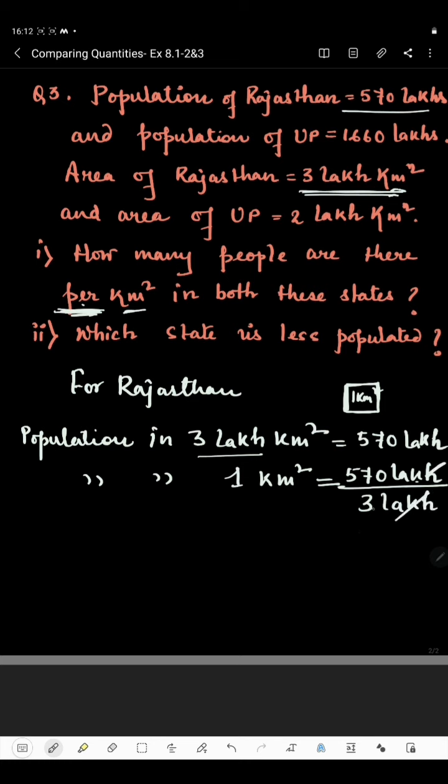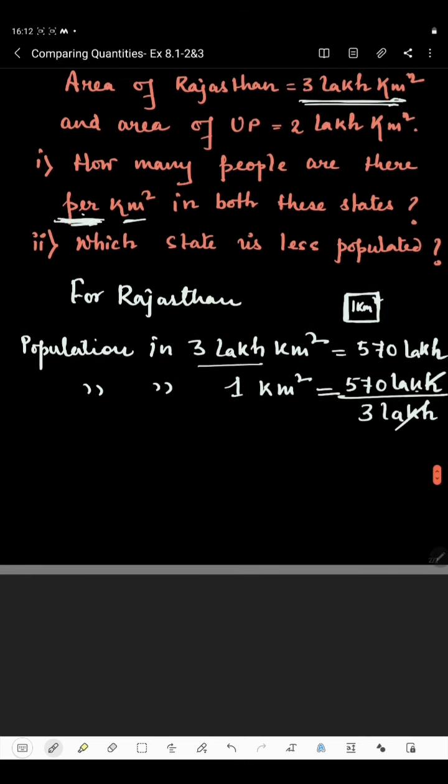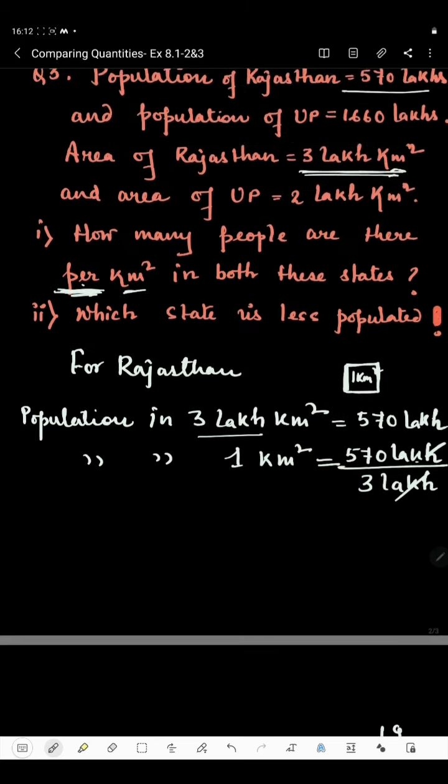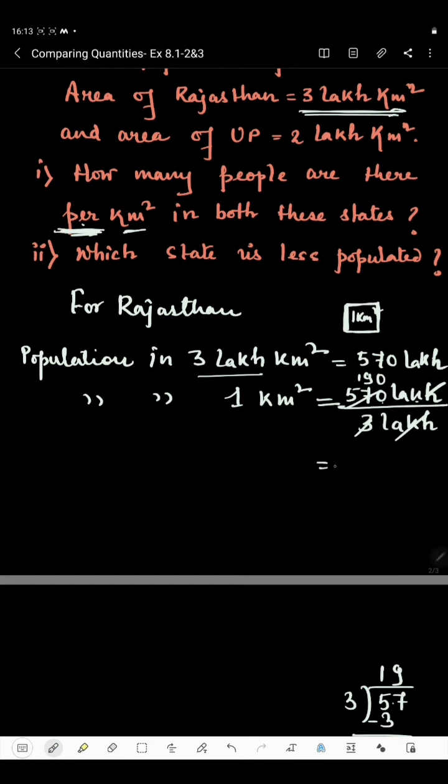If you divide 57 by 3, then you get 3 ones are 3, 5 minus 3 is 2, 7 comes down, so 3 nines are 27. So 3 19s are 57 and there is 1 zero, so it is 190 people. So 190 people are there in 1 kilometer square in Rajasthan.